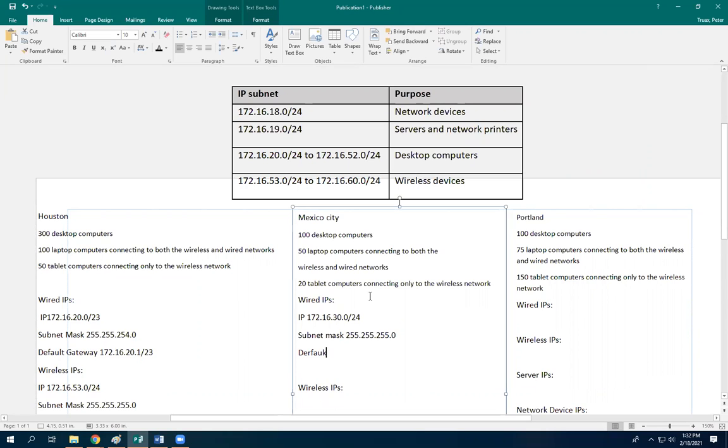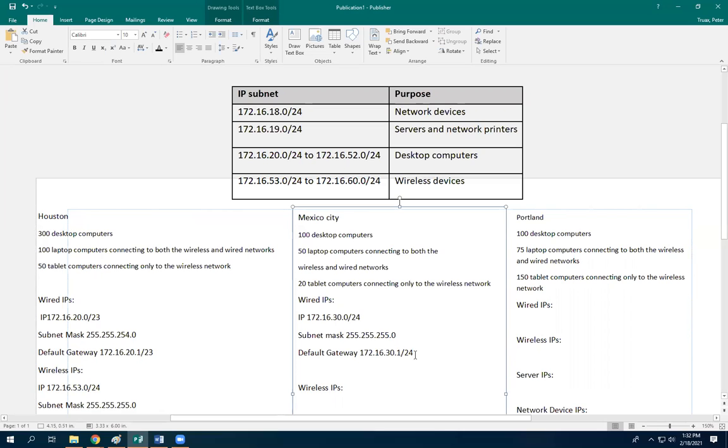And what do you think we should put for the default gateway for this? Got to spell it right too. There we go. Obviously, it's going to be 172.16.30.1. There you go. And actually, these /24s, we don't really need to have.